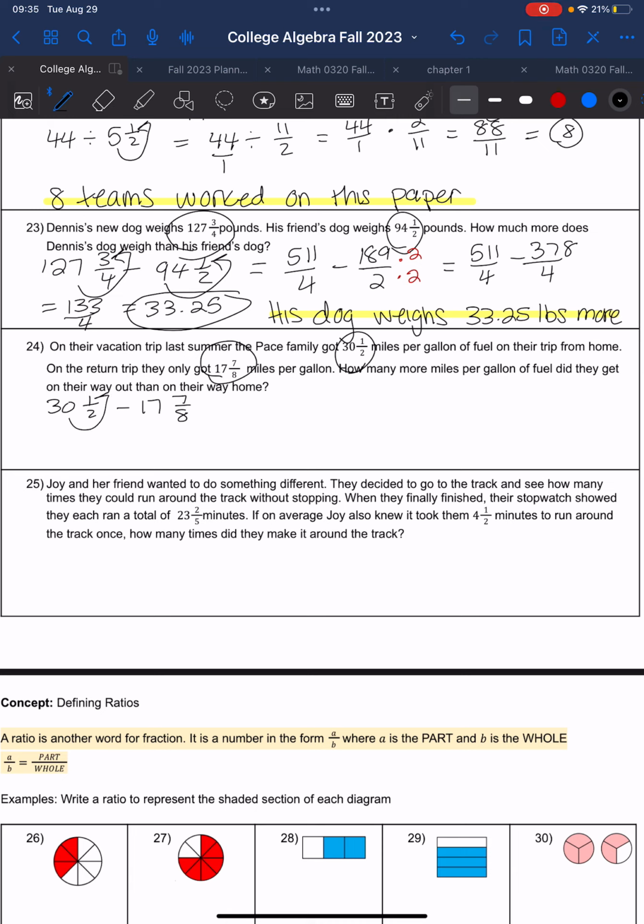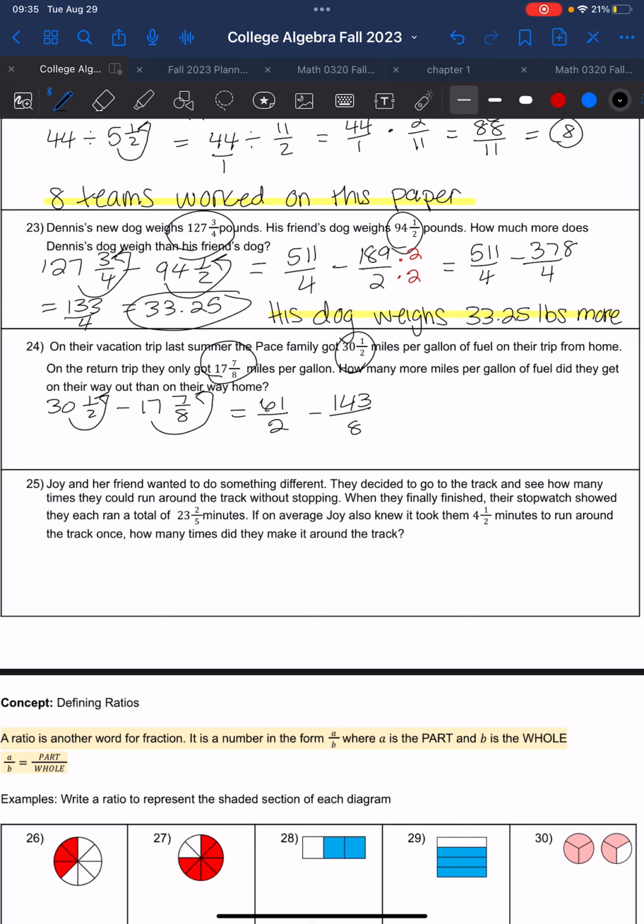Okay. Turning these into improper fractions, we get 61 over 2 minus, so I have to do 17 times 8 plus 7, 143 over 8. Okay, again, notice that these do not have a common denominator.